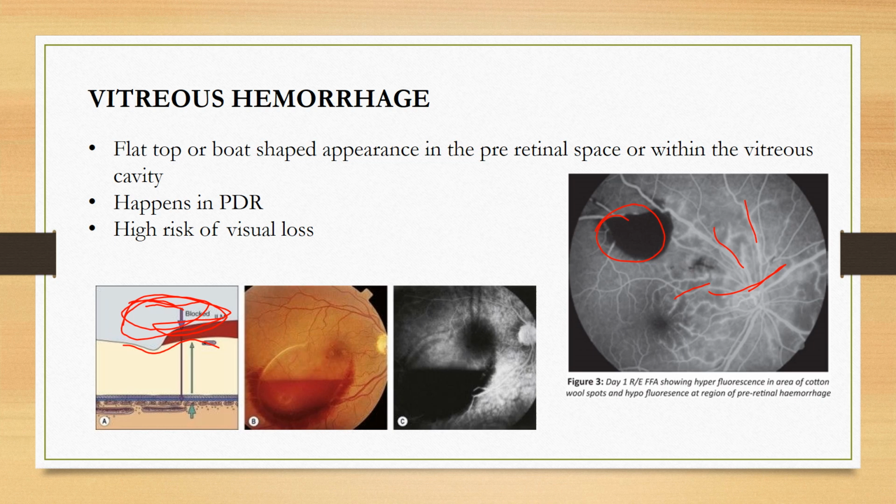Okay, coming back to this particular slide, in case of vitreous hemorrhage, what is actually happening is there will be blood coming in front of the retina, which is again blocking the light from reaching the retina. So this will cause a visual problem from the blocking, as well as a traction of the retina, which might lead to retinal detachment.